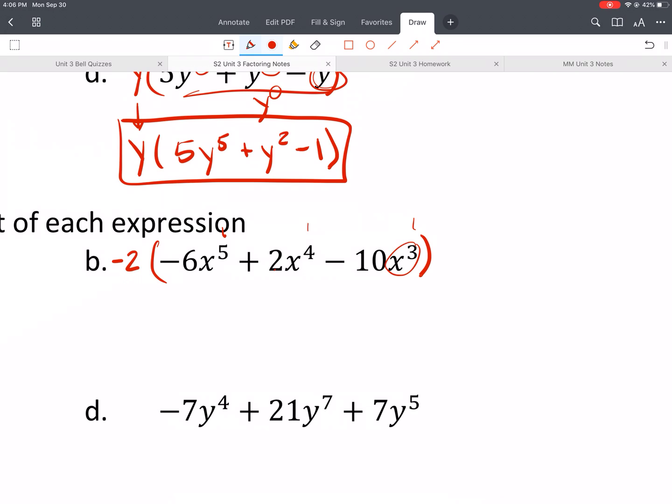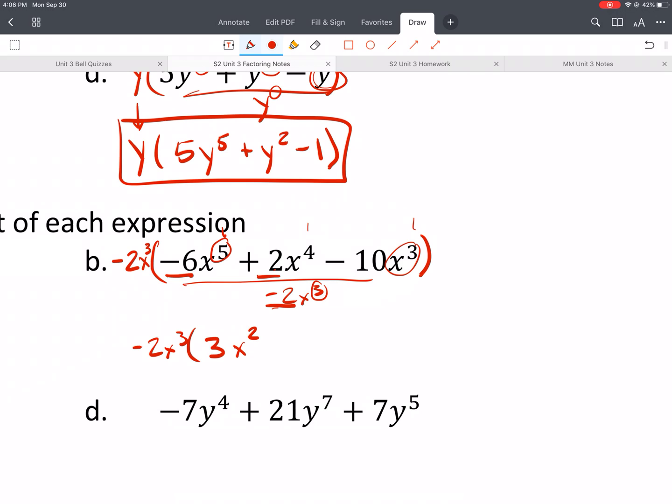And then the smallest exponent would be x to the 3rd. So we'd factor out negative 2x to the 3rd. And then in the parentheses we'd do negative 6 divided by negative 2, which gives us a positive 3. 5 minus 3 gives us x to the 2nd.